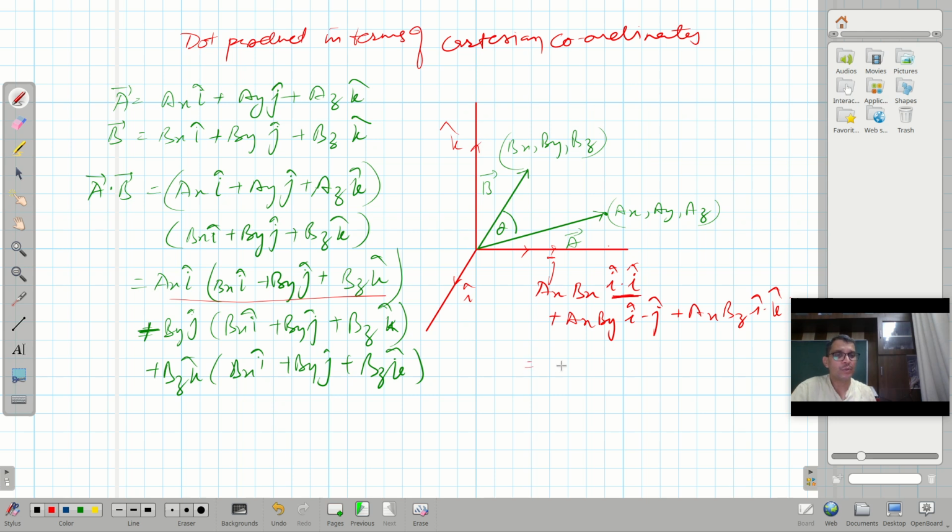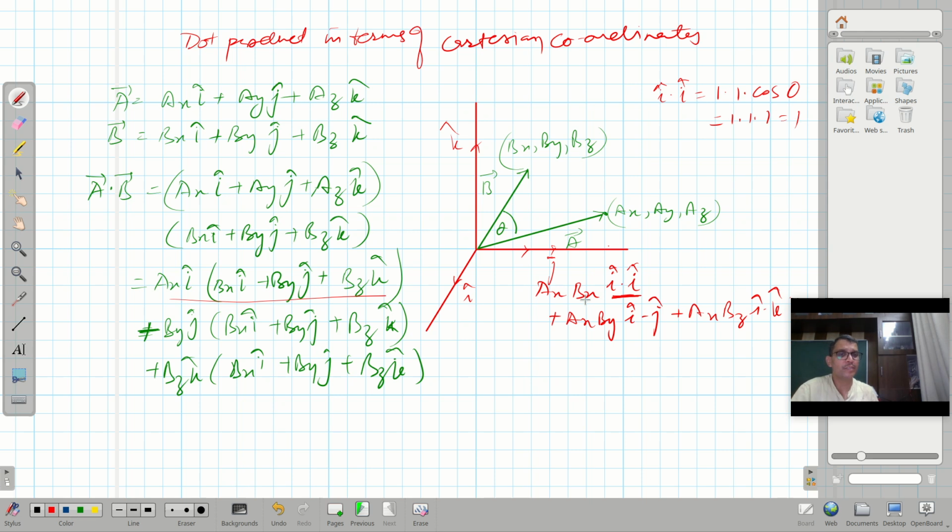It is 0. So it is AX BX cos of 0. Because i dot i, the magnitude of it is 1, and cos of 0 is 1. 1 into 1 into 1 is equal to 1. So that's why I should write this quantity, using this concept, as equal to 1.